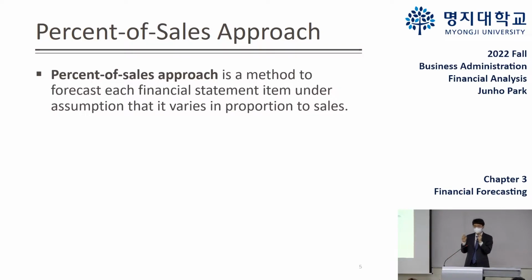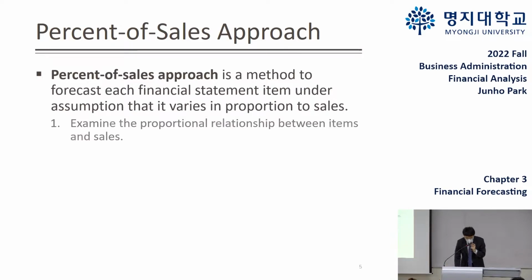For example, you will think one item will be 86% of your sales, and the other item will be 40% of your sales, so that you can calculate the future predicted values for each item. So the general procedure to use the percent of sales approach is the following.